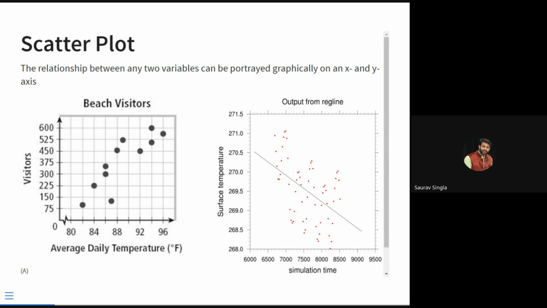In a scatter plot, you see there are a lot of dots.